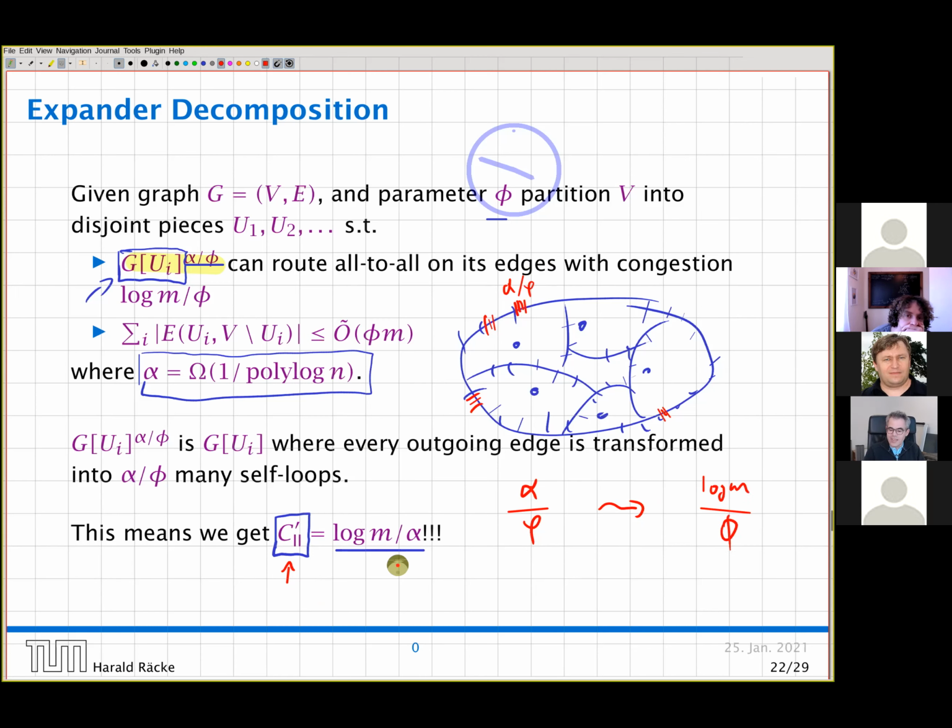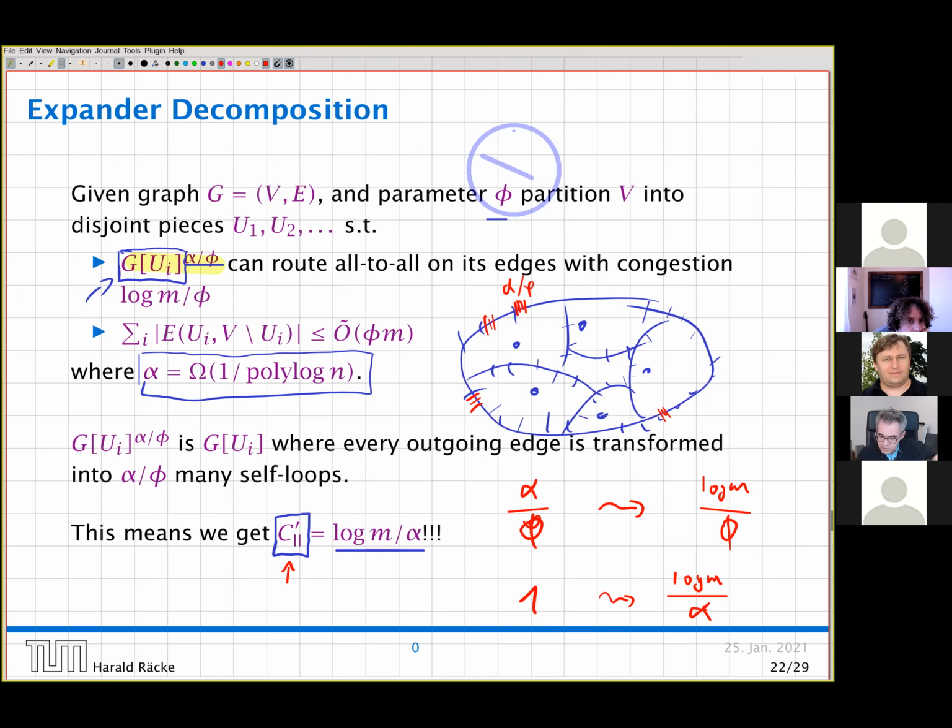But now if this asks what is the congestion if every boundary edge counts 1, you simply have to divide this term by alpha divided by phi. So you get log m divided by alpha. So your congestion reduces accordingly.